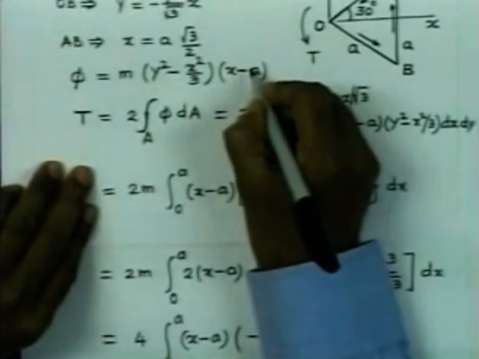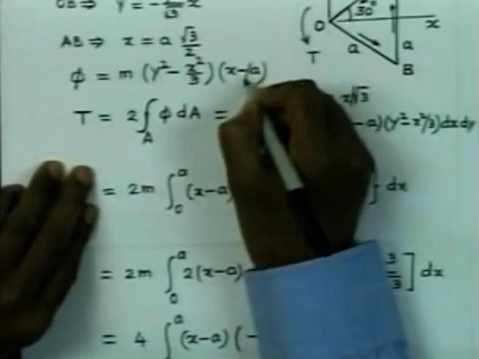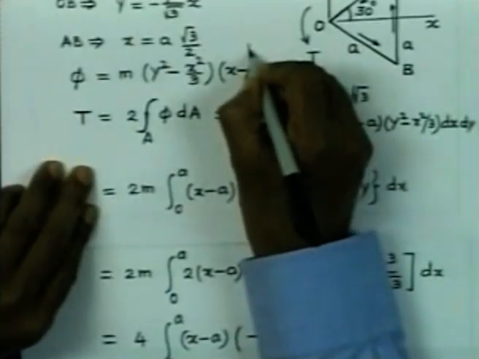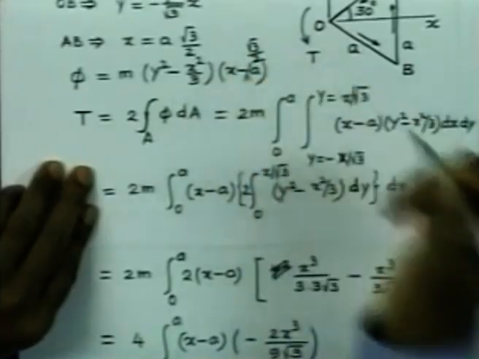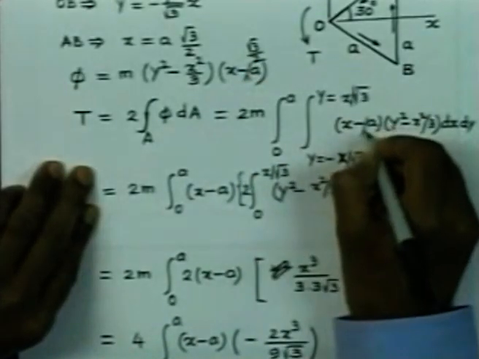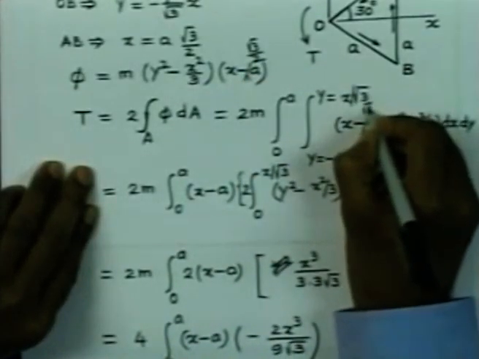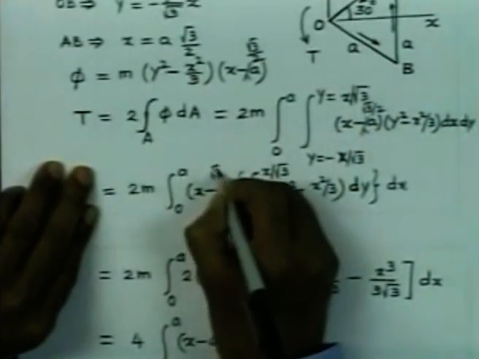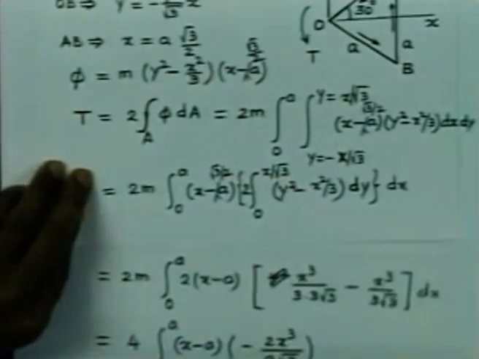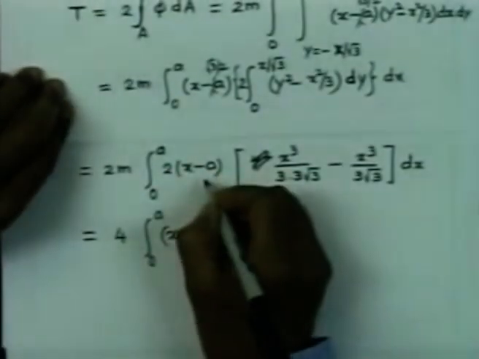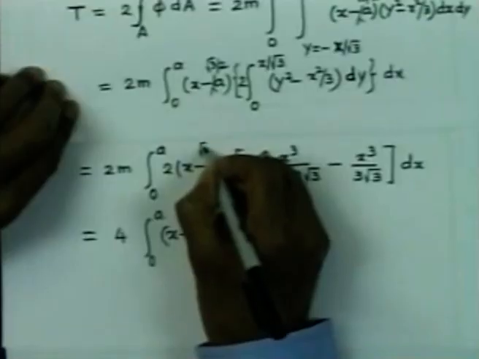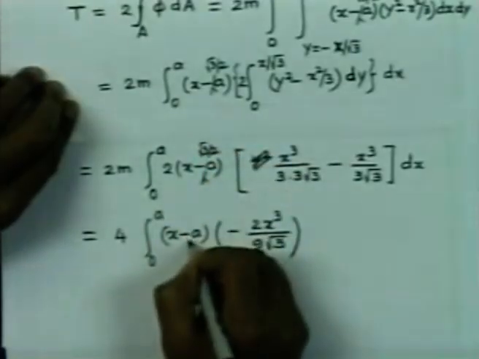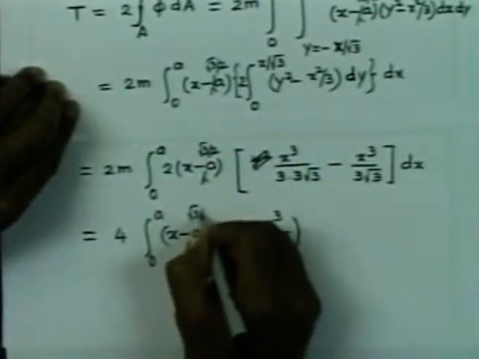So, therefore, this quantity will come here, root 3 by 2 at all, root 3 by 2, here also root 3 by 2, root 3 by 2.